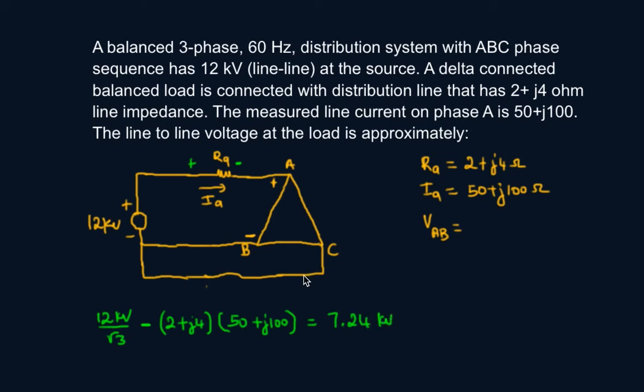Now again, this is your phase voltage, and in order to get your line-to-line voltage, you multiply by square root of 3, going back to line. So your final answer: your VAB is equal to 724 times square root of 3, and that gave me 12.5 kV.